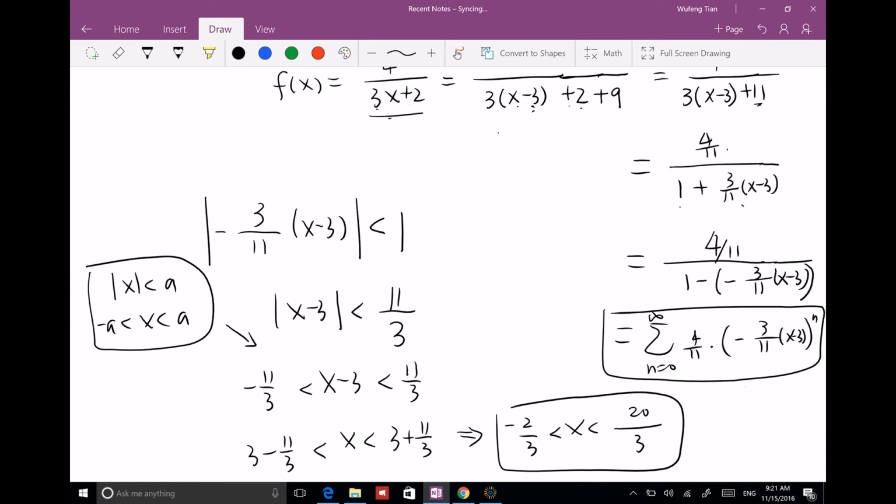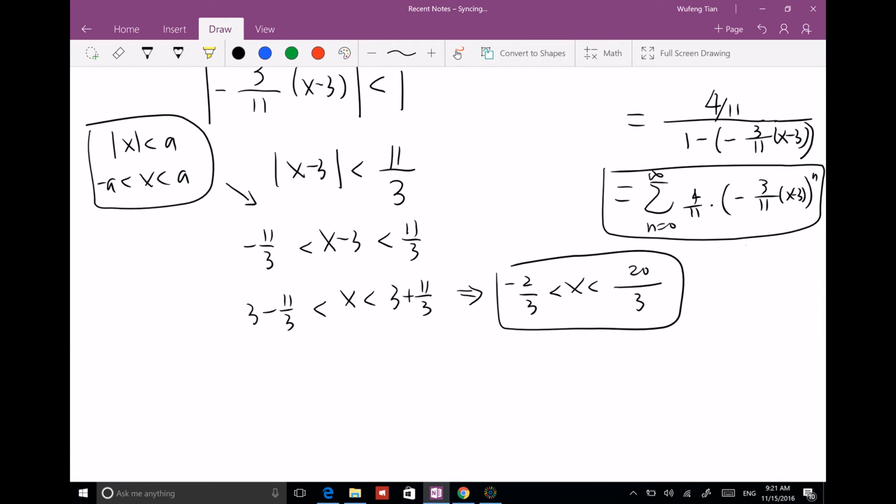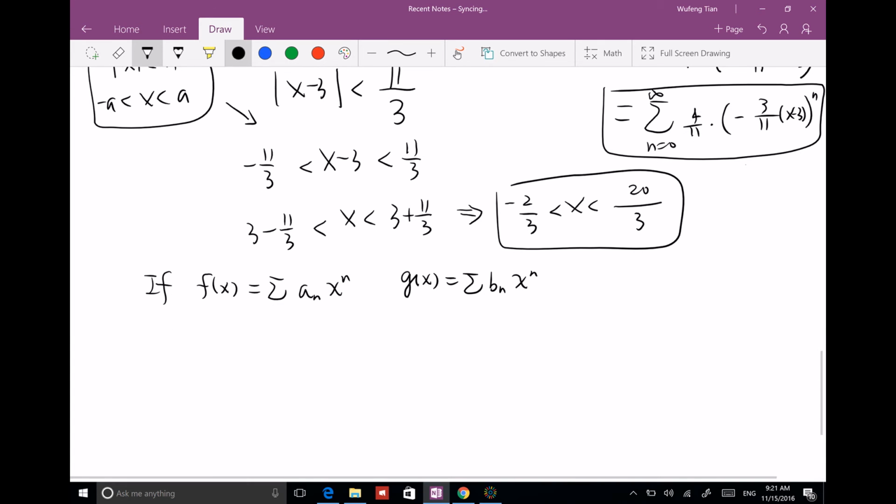All right. So let's look at one more example. There are some operations about power series. If f(x) equals the sum of a_n x to the power n and g(x) equals the sum of b_n x to the power n, what do we have? So f(kx) equals the sum of a_n times (kx) to the power n.